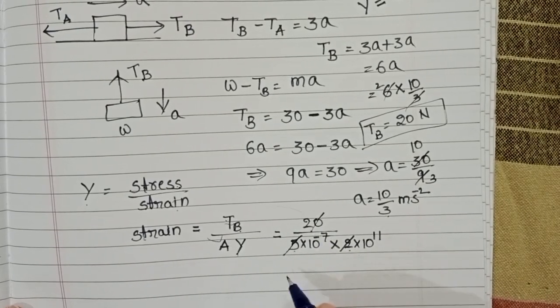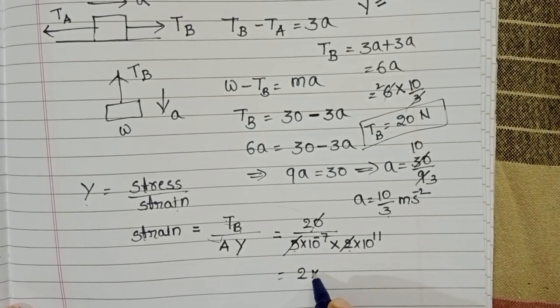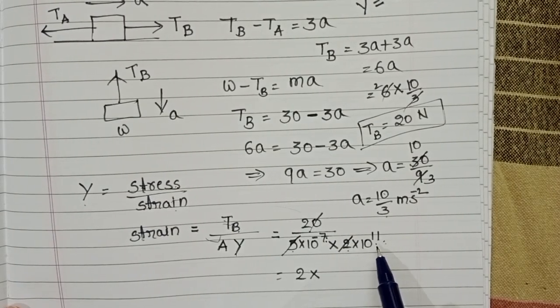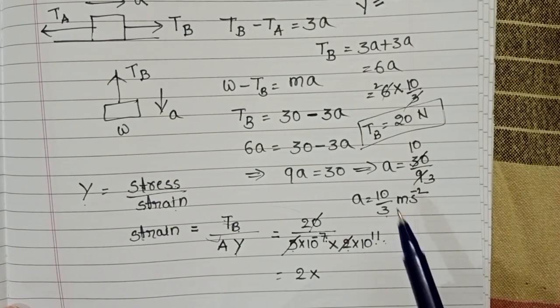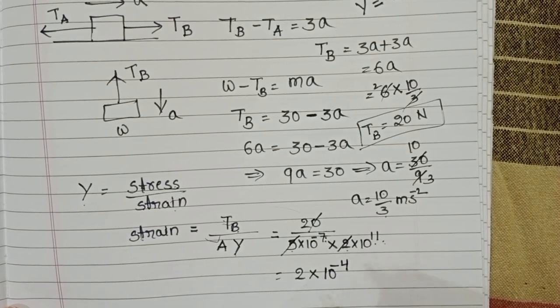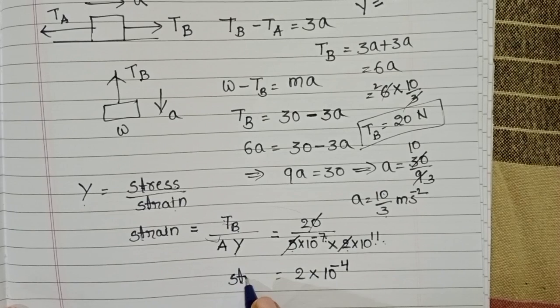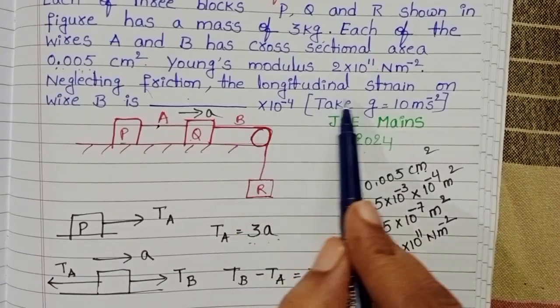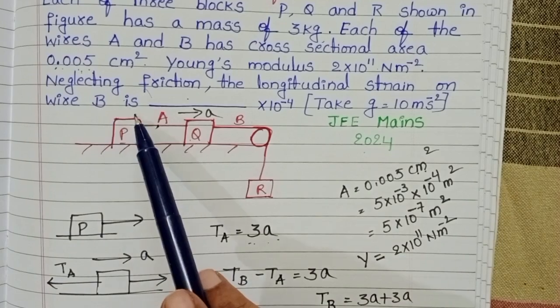This 0 gets cancelled. 2 into 10 power 11 into 10 power minus 7, 10 power plus 4. This 10 power plus 4 goes to the numerator, 10 power minus 4. So strain is equal to 2 into 10 power minus 4. The longitudinal strain on the wire B is 2 into 10 power minus 4.